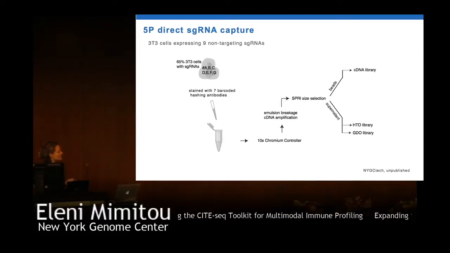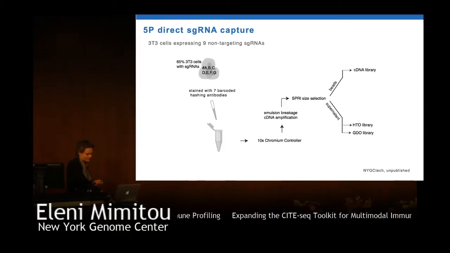The only difference being that during RT we spiked in the guide RT primer. After SPRI size selection, which is a normal step during this protocol, the bead bound population, which is the longer cDNA population, is used to make the cDNA library, whereas the supernatant contains the shorter oligos coming from the hashtags and the guides. And they can be used for further amplification to make the libraries.